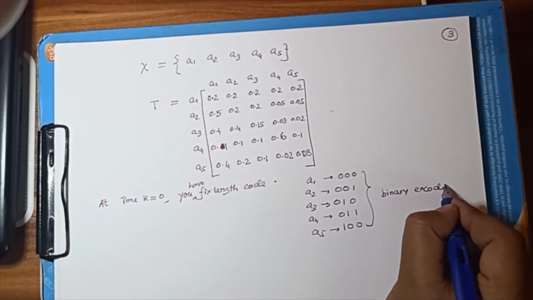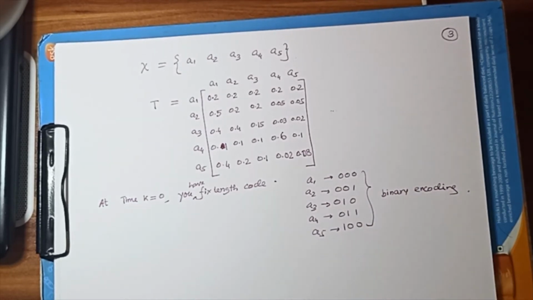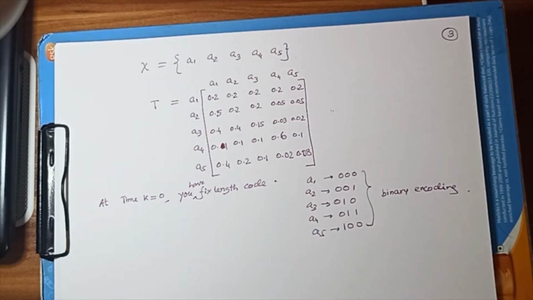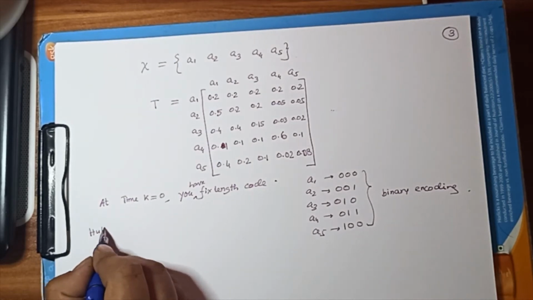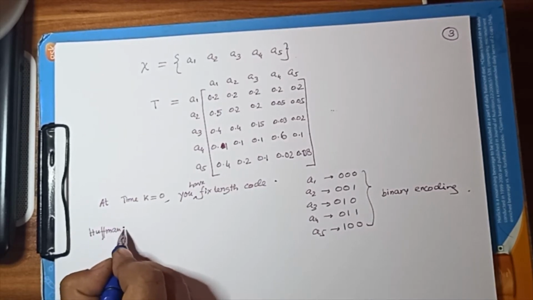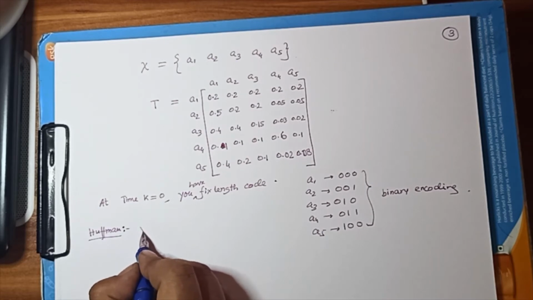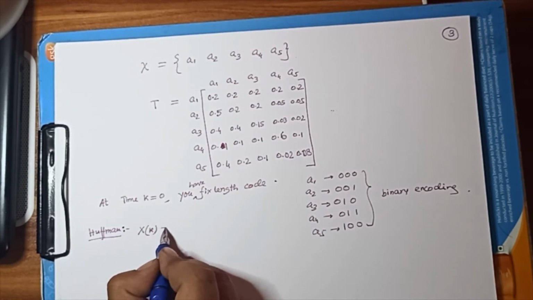Now based on whatever has come to your decoder, or based on the observation from A1 to A5, you have to have 5 different Huffman tables, a Huffman table for all past values. So a Huffman table for, say, xk equal to A1.